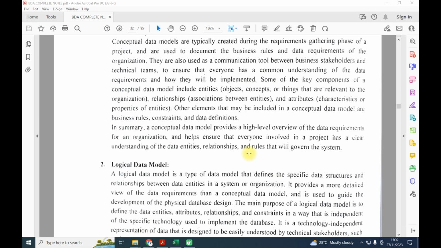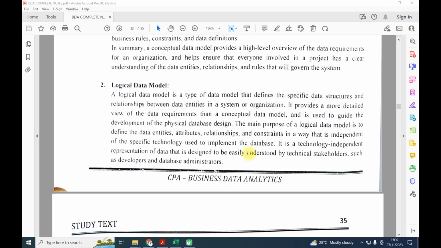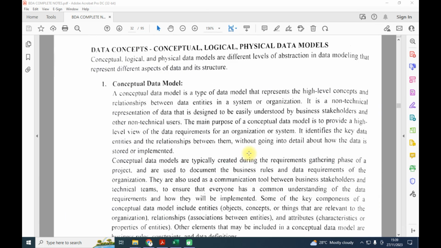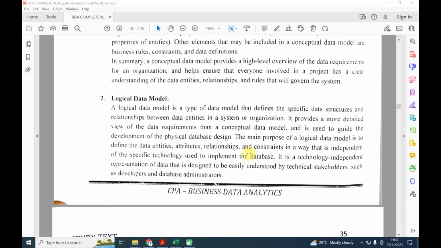Then the second one is the logical data model. The logical data model now moves from the generality of non-technical to the technicalities, because this one is for database administrators and is used during the design phase. The logical data model is a type of data model that defines the specific data structure and relationships between data entities in a system or organization.